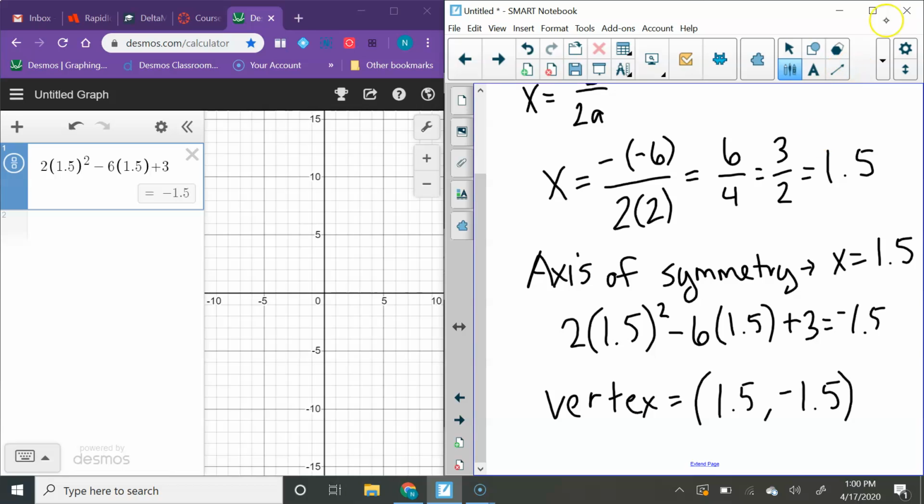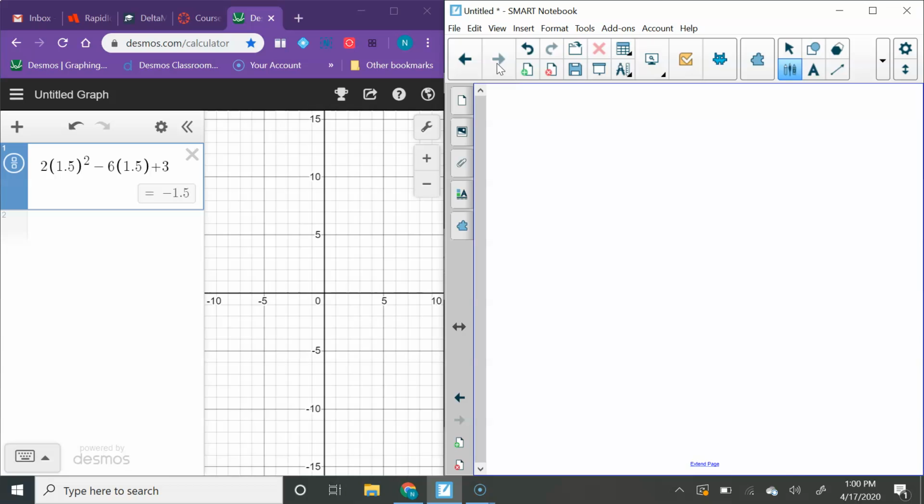Alright, let's do one more problem together just so you've got the hang of this. Let's say that our third example is going to be y equals 8 minus 3x plus 3x squared.